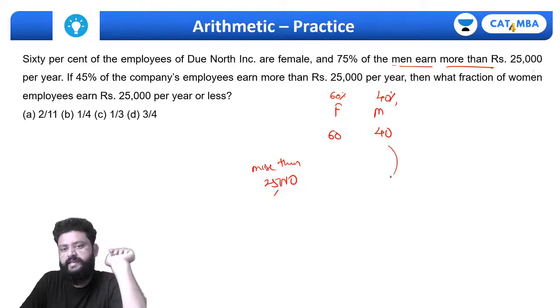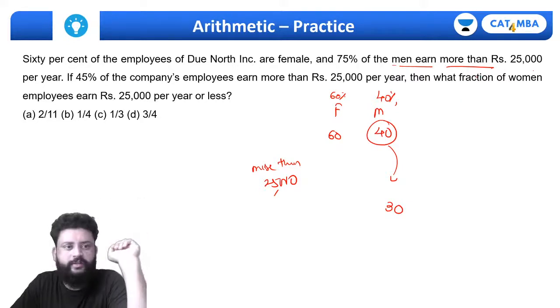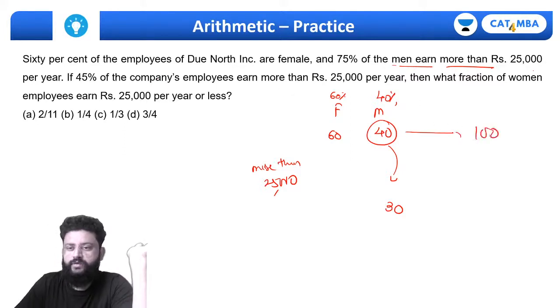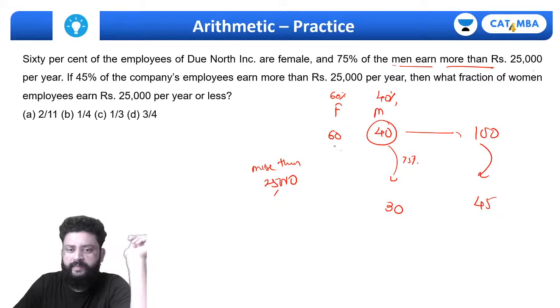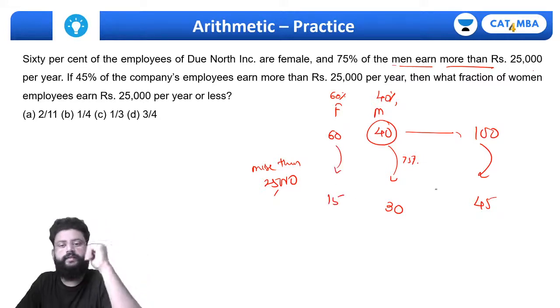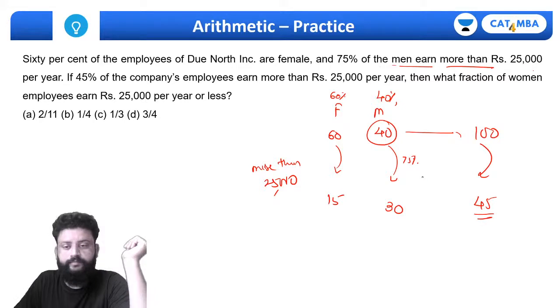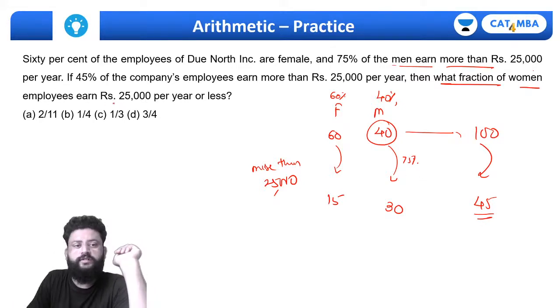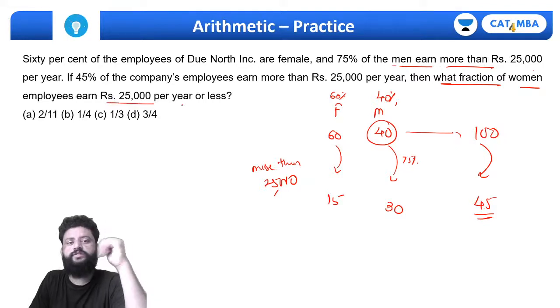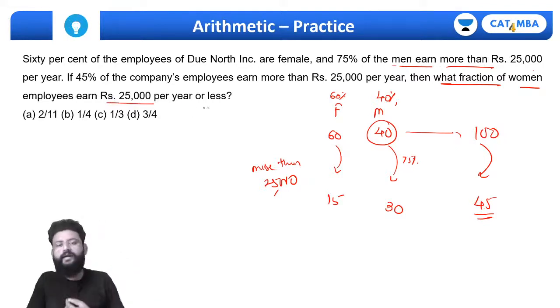75% of the male earn more than 25,000, so it is 30% of the total. Then 45% of the company earns more than that. Actually the total is 45%, out of which 30 is coming from men, so from women it is 15, only then this will become 45, right? What fraction of the women earn rupees 25,000 per year or less?